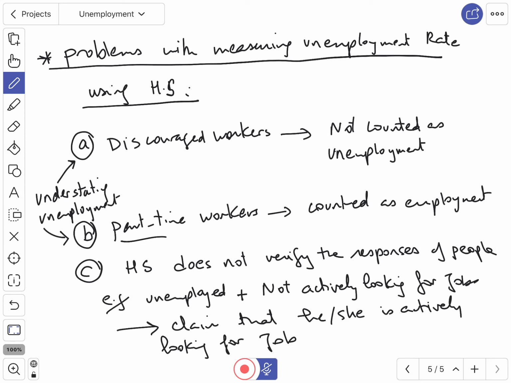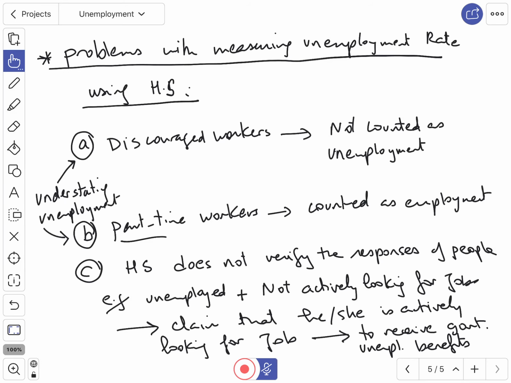Because in order to get unemployment benefits, you want to keep claiming that you are actively looking so that you keep receiving the government unemployment benefits. Some people are not very honest, so they would do that. Nobody is going to verify their responses.